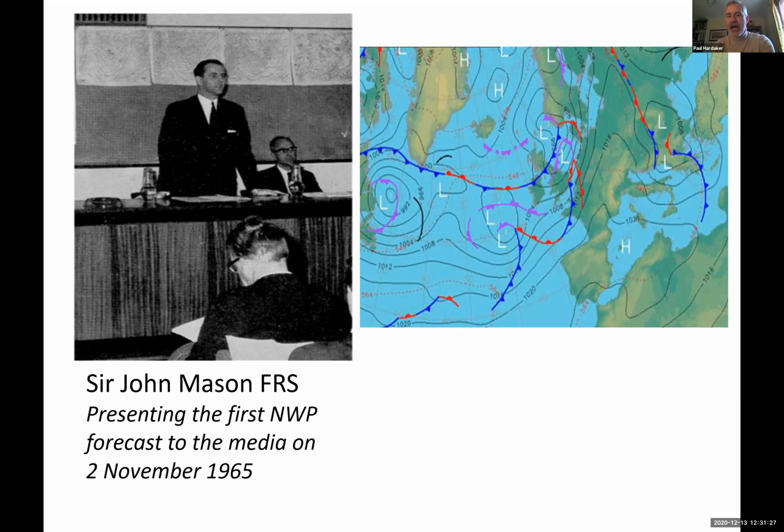Frontal chart models were built starting really in the Scandinavian countries, where we gained those early models of what a frontal system looked like, in the 30s to the 50s. And then we produced these frontal charts that look something like you see here. This is what we call an analysis field. And then we would use this analysis to move the forecast forward to create a weather forecast.